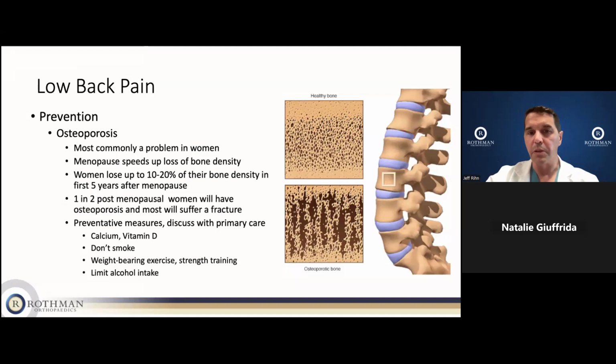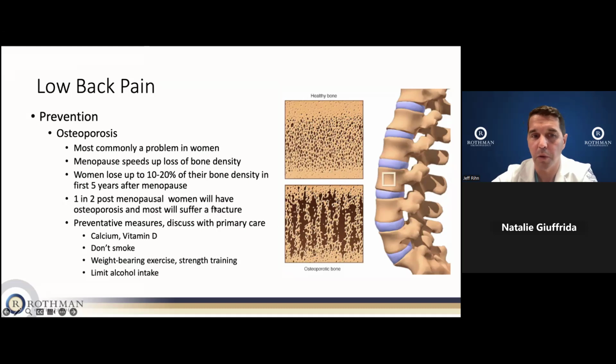And women can lose up to 20% of their bone density in the first 5 years after menopause. So in this slide, this is healthy bone, and this is what happens in bone that has osteoporosis in the vertebrae. You can see it's just hollow and more prone to fracture. And this happens in your wrist, it happens in your hip. So osteoporosis makes you prone to different fractures of different parts of your body.